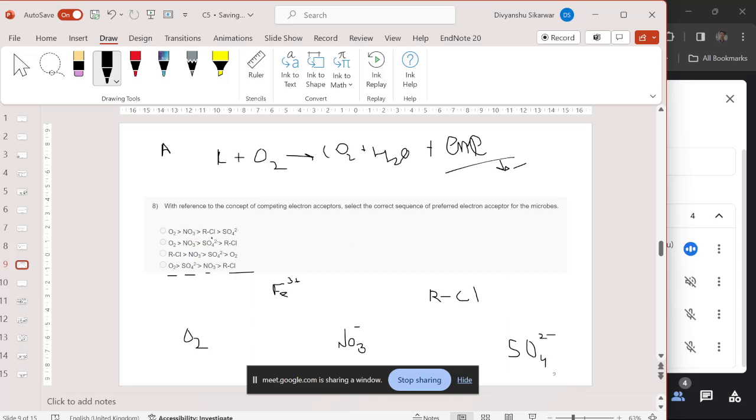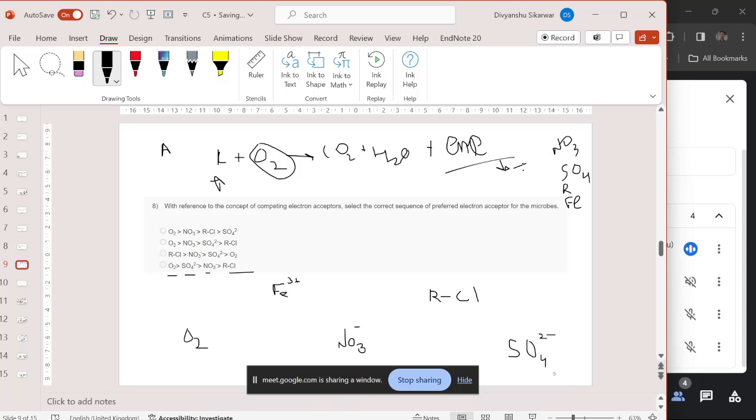This is for aerobic. If we go for anaerobic, we won't have oxygen, but we will have different compounds like sulfate, iron, and other hydrocarbons present.